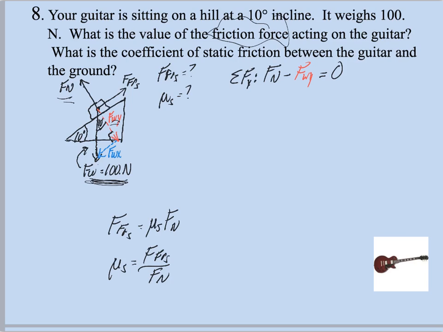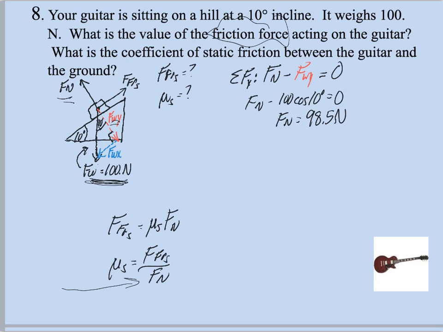So Fn minus the hypotenuse, 100, times the cosine of 10 equals 0. Well, the cosine of 10 times 100 is 98.5, and that means that the normal force is 98.5. Now, is that something that the problem told us to find? No, but we need it down here. So we're going to be using that 98.5 later.